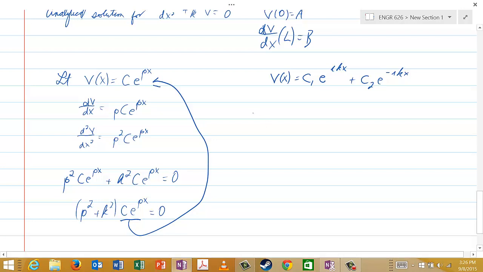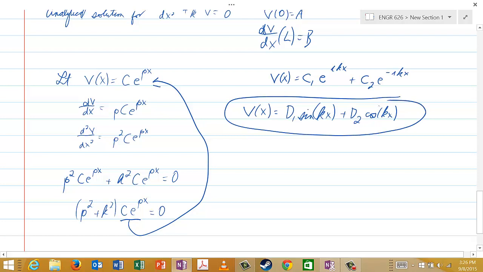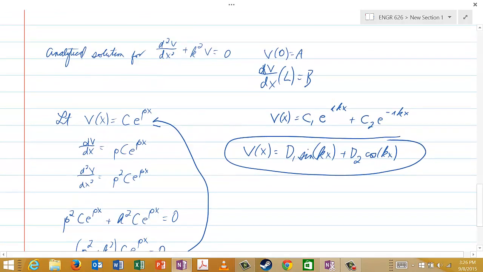As you probably remember from your differential equations course, in a situation like this, you can also write the solution like this: d1 sine kx plus d2 cosine kx. And this is a much better solution to use. It's much more convenient. They're equivalent, but this is much more convenient to use.